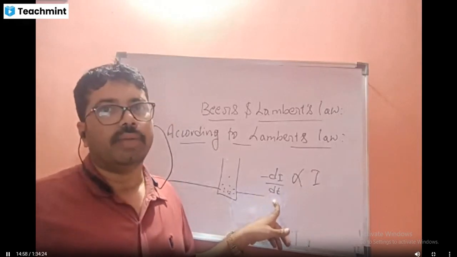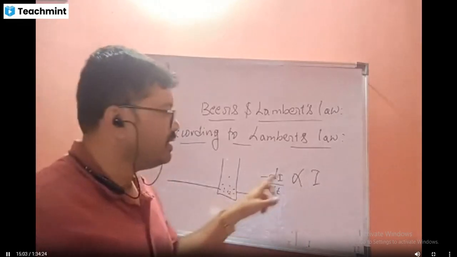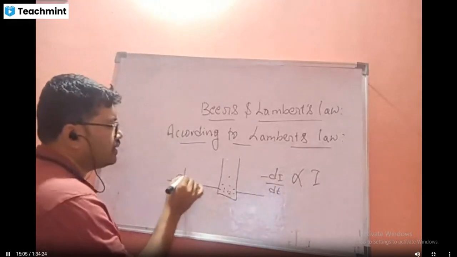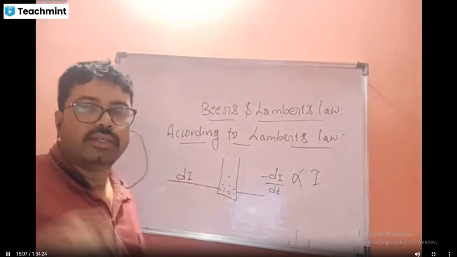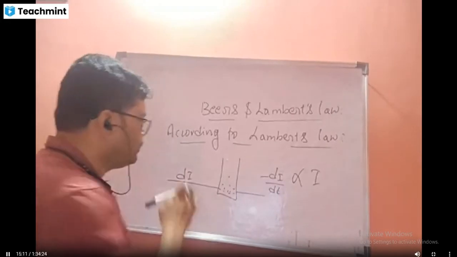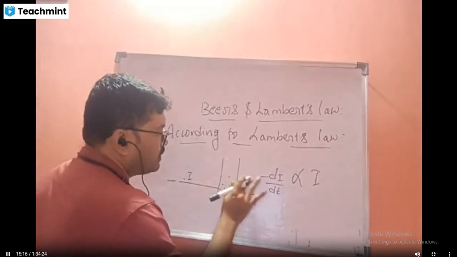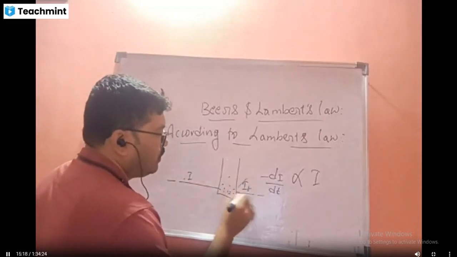Mathematically, Lambert's law may be expressed as follows. Means this is minus dI by dt. So this dI, okay, this I is incident and this is thickness t.